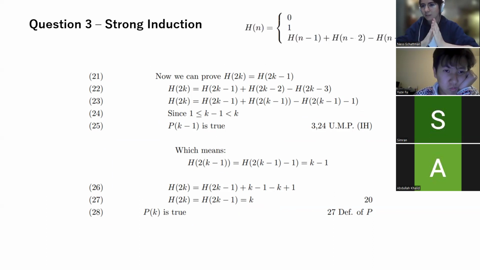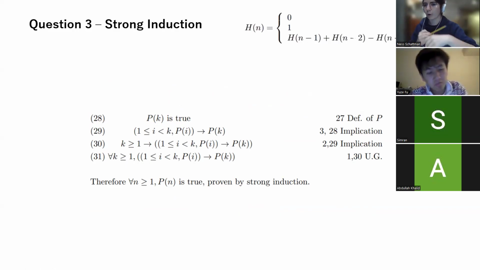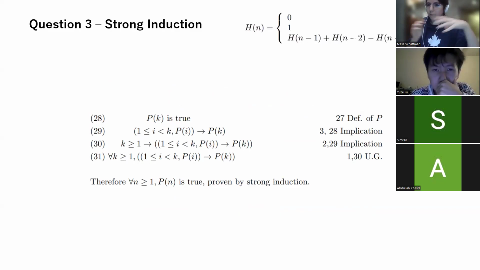And so that's all our ingredients that we need for our strong induction proof, right? We have this implication over here. And so by strong induction, we have our implication, we have our base cases, and so that must be true for all natural numbers.